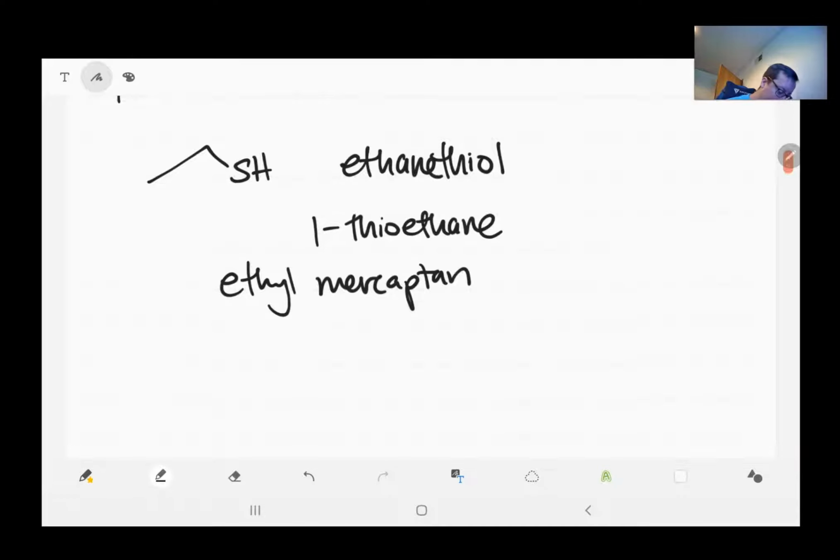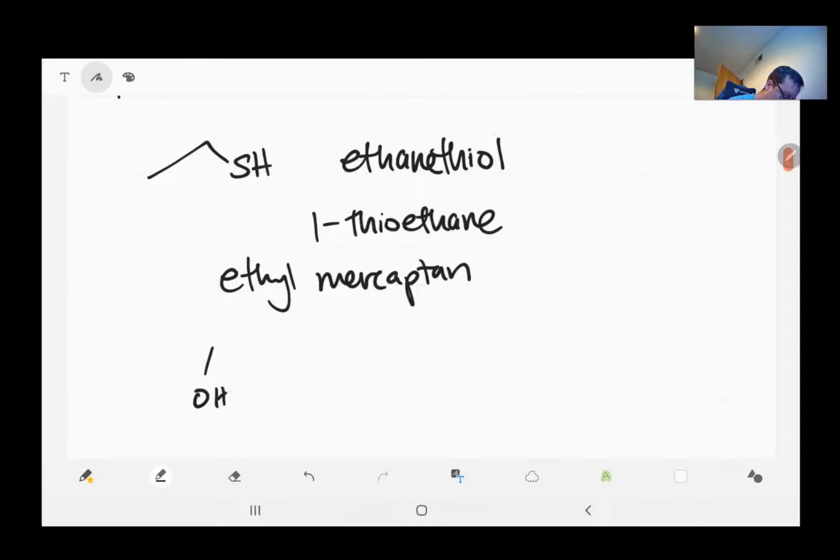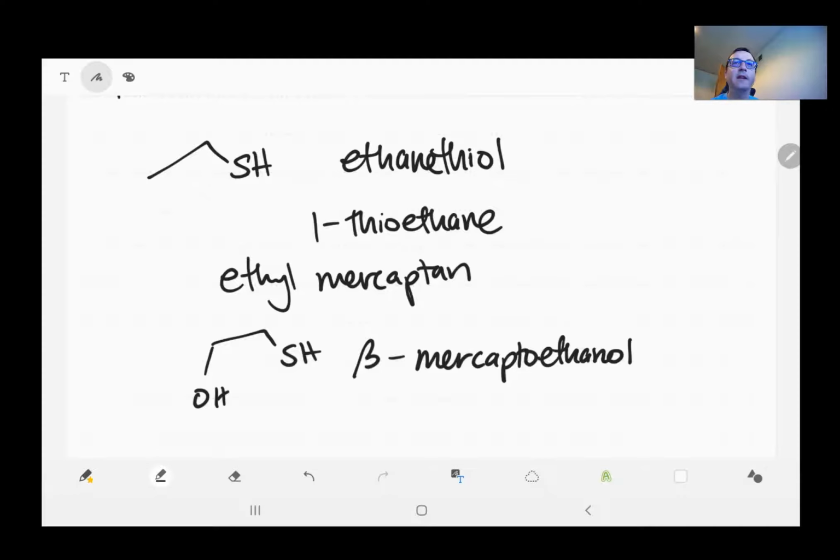One compound that you'll see a lot in biology, if you do any sort of protein work, if you ever do a Western blot or anything like that, is beta-mercaptoethanol. And this is one of the stinkiest things I've ever smelled.